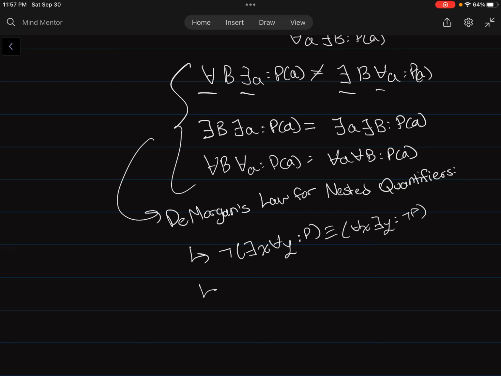And then the second variation is for all X there exists a Y such that P, if that statement is false, then there exists an X for all Y such that P is false.